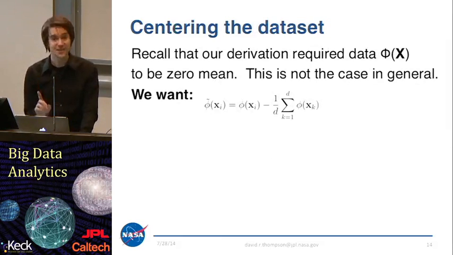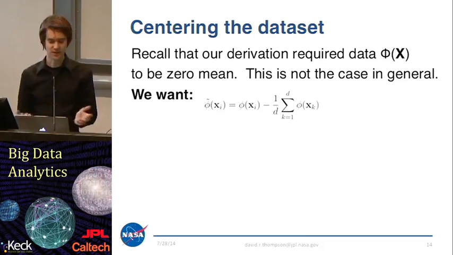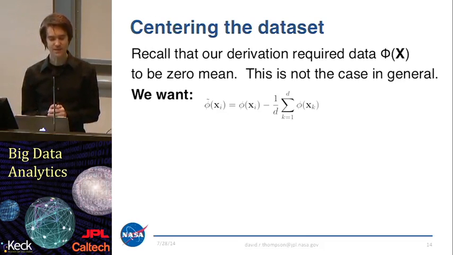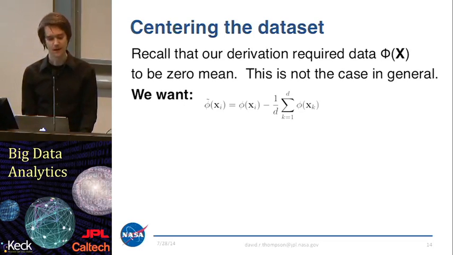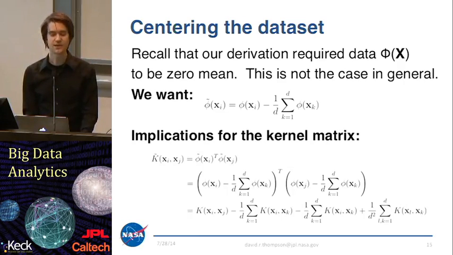Okay, so there's a catch. I mentioned before that our data set has to be centered in this high-dimensional feature representation, that it has to be zero mean. And this won't be the case for a general kernel matrix that we derive. What this really means is that we want to come up with some projected data point, we'll call this phi tilde of x sub i, which is the original phi of x sub i minus the mean of all of the phis. You can push this through some algebra to figure out its implications for the kernel matrix as a whole.